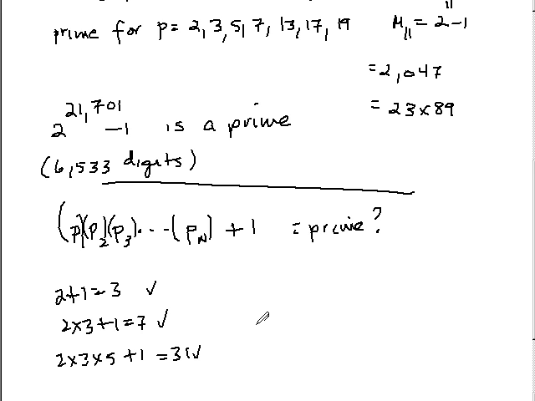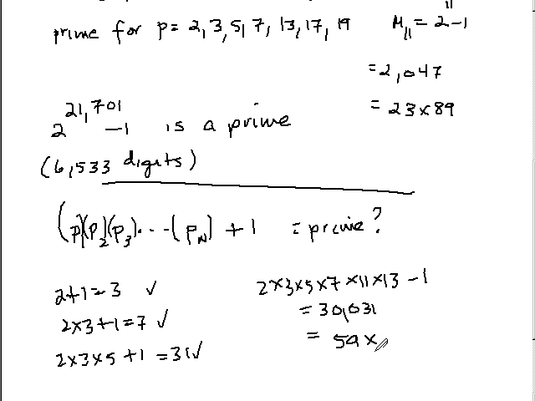And in fact, it looks good up to 11, but if you do it for 13, 2 times 3 times 5 times 7 times 11 times 13 plus 1 is 30,031, and that's unfortunately composite. That's 59 times 509.